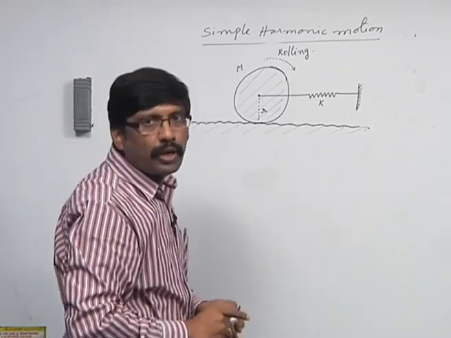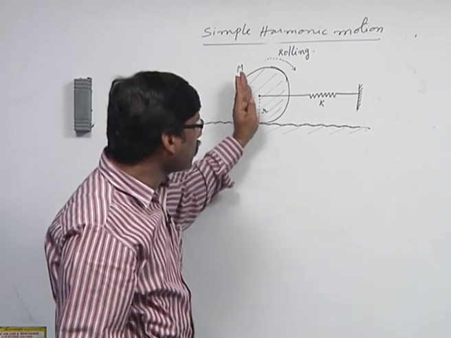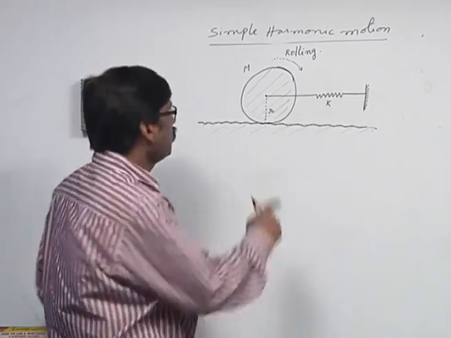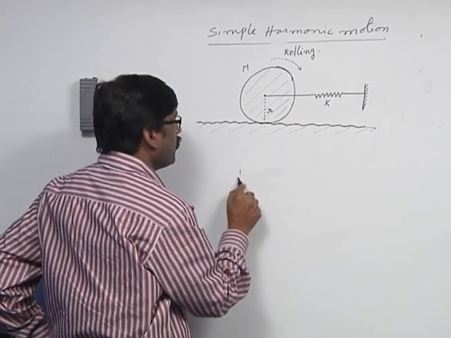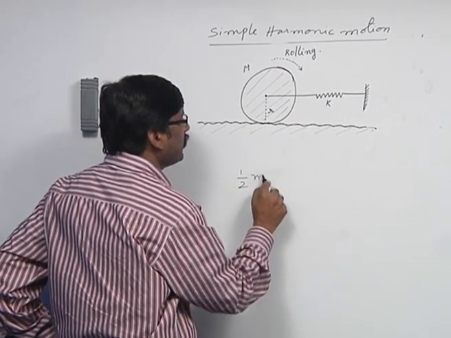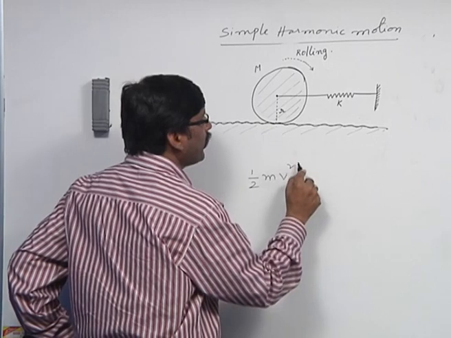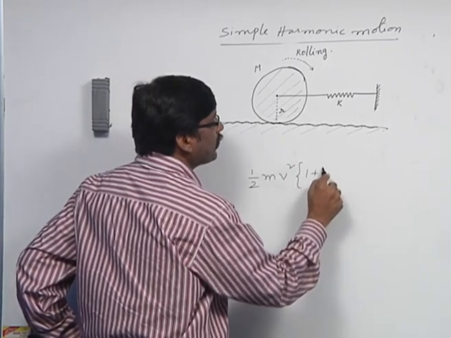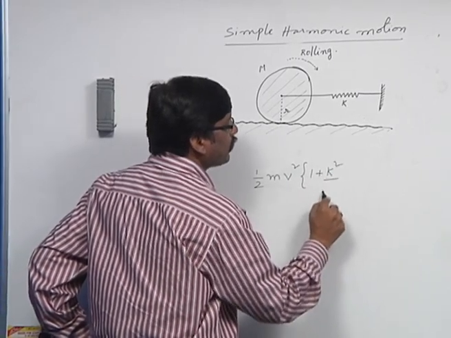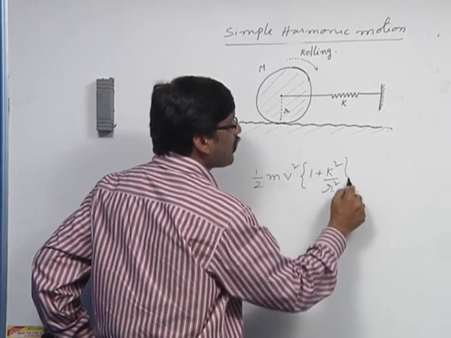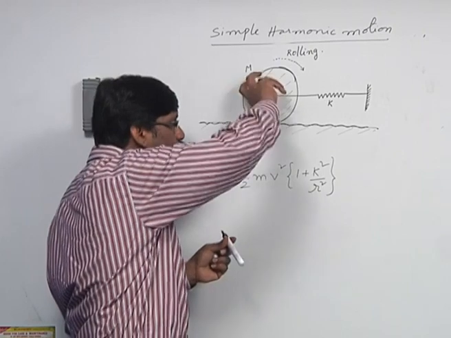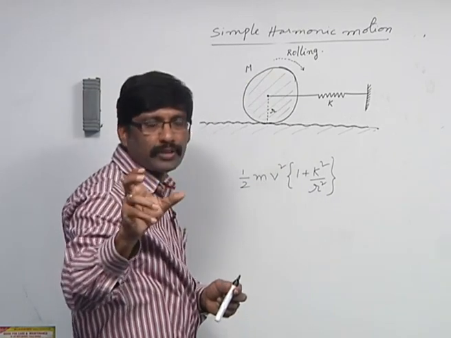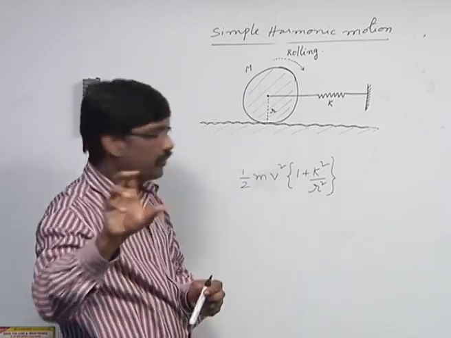Now, I am going to write the total energy of the system. The disk is in rolling motion, its total kinetic energy is half mv square into 1 plus k square by r square. If it were only rotatory motion, only half I omega square, only translatory motion, half mv square.